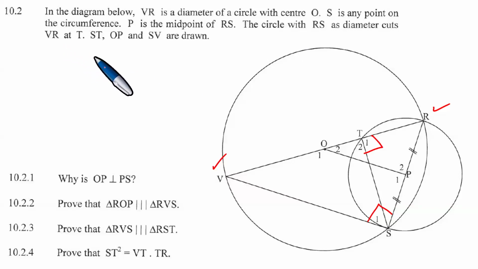It cuts VR at T. ST and OP and SV are drawn. Why is OP perpendicular to PS? Here is O, here is P, and then here is S.